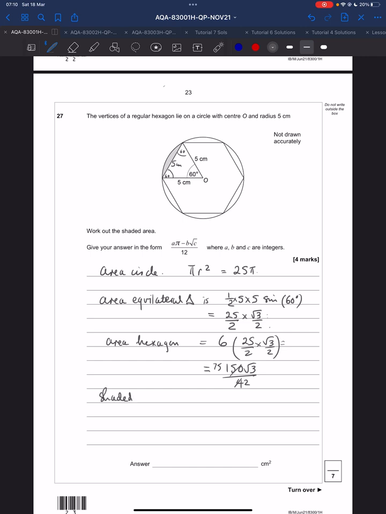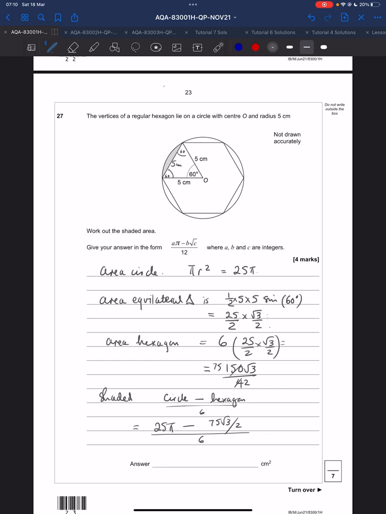Right, so the shaded area is the circle, take away the hexagon, divided by 6. So it's 25 pi minus 75 root 3 over 2, all divided by 6.